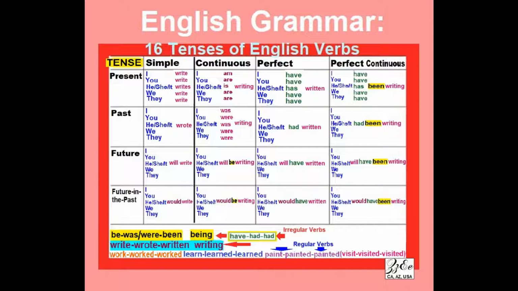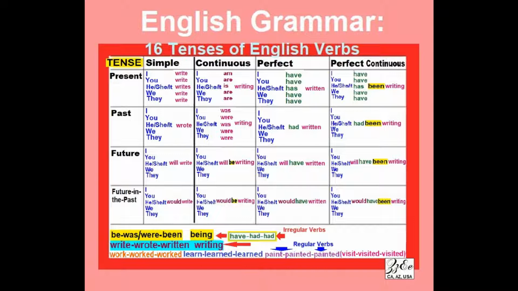We need the auxiliary of future, will. We need the auxiliary of perfect, have, and in perfect tense we need the past participle. Our action verb in perfect tense is always the past participle. All three parts we have here.